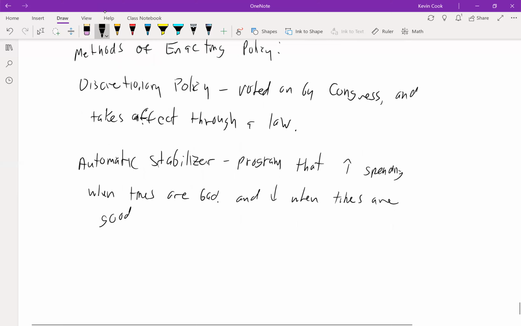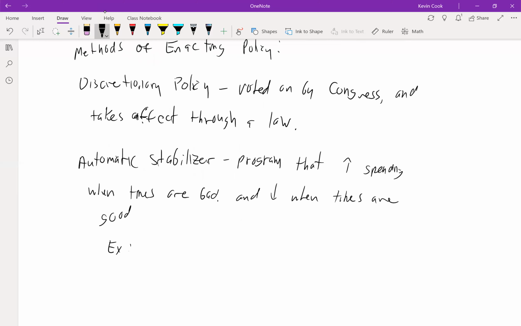Examples of an automatic stabilizer would be things like unemployment, food stamps, and so on, or EBT, whatever the phrase for it is today.